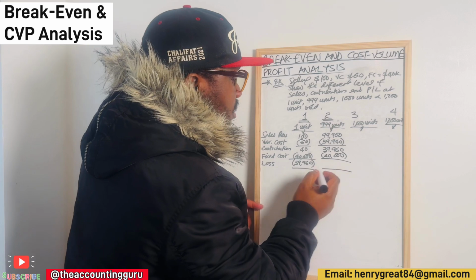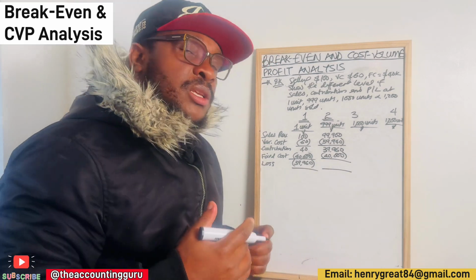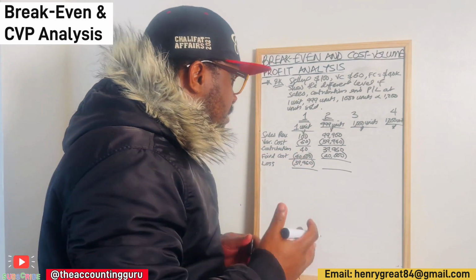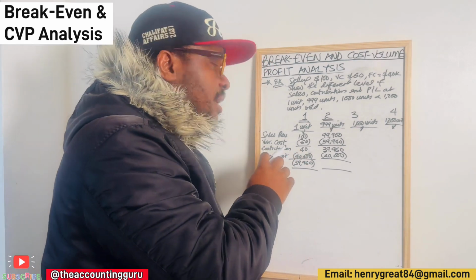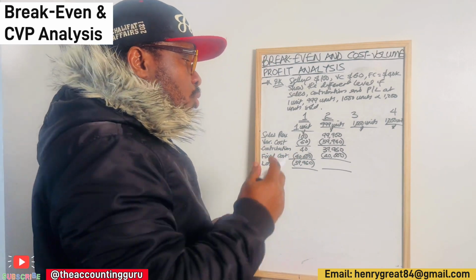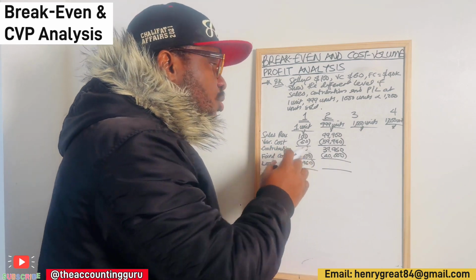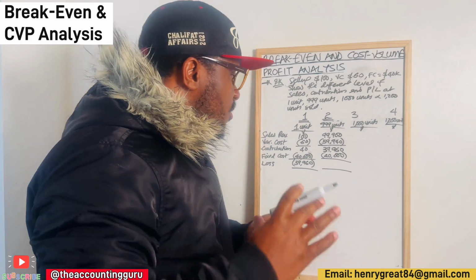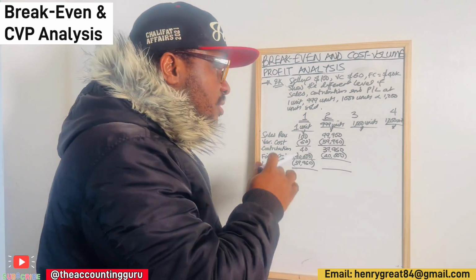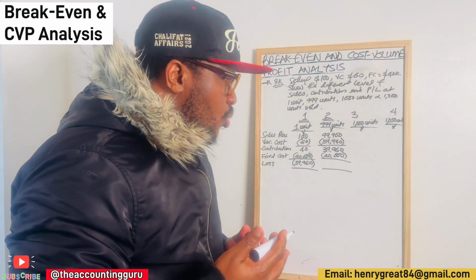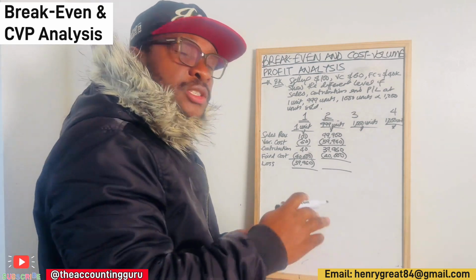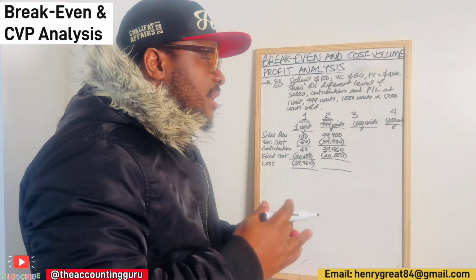So the question is this: what will be the profit or loss situation in level 2? Would it still be the loss situation that we had in level 1? We'll look at it. Is the contribution of $39,960 enough to cover the fixed cost of $40,000? Certainly no, which means that a loss situation is what we're having here in level 2.